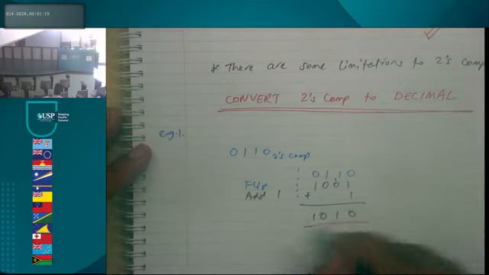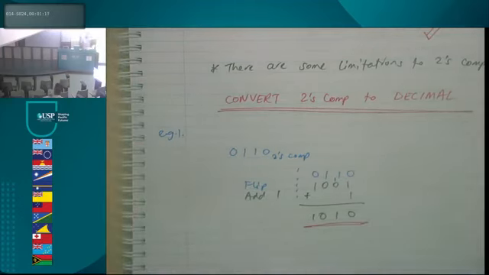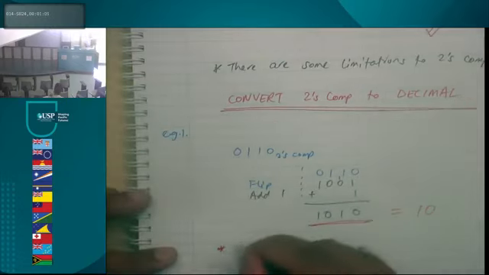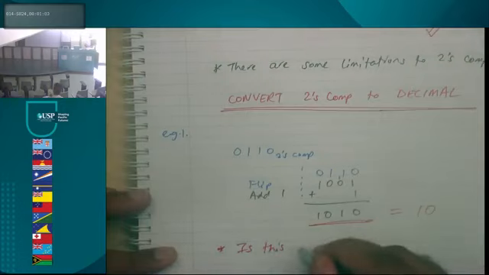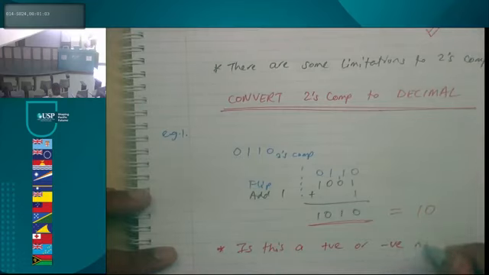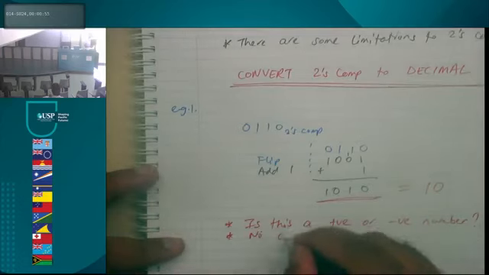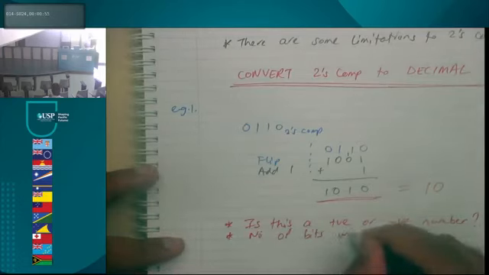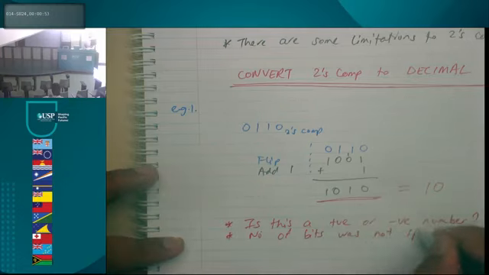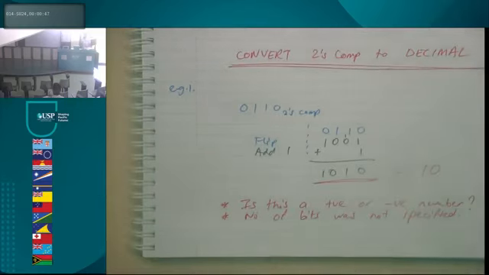We've got this number here, 1010, which is equal to 10. We have to ask ourselves, is this a positive number or a negative number? The number of bits was not specified. So we have some issues now.